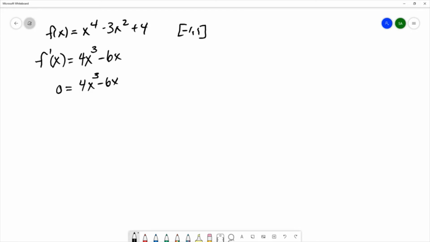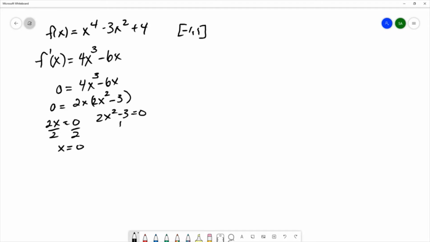So I'll set the function equal to 0. I can solve this by factoring. There's a greatest common factor of 2x. If I factor that out, I'll be left with 2x squared minus 3. And I'll set each factor equal to 0 and solve. So if I divide by 2, I get x equals 0.